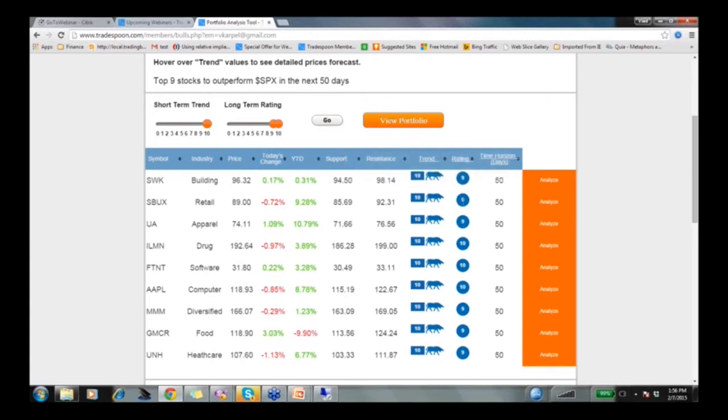And rating is basically how the stock is relative to other stocks in terms of discounted cash flow analysis, earnings and price. And if you want to see the chart, the seasonal chart, it basically will show you for Starbucks where we think Starbucks is heading in the next 50 days and what the key support and resistance levels are for Starbucks.